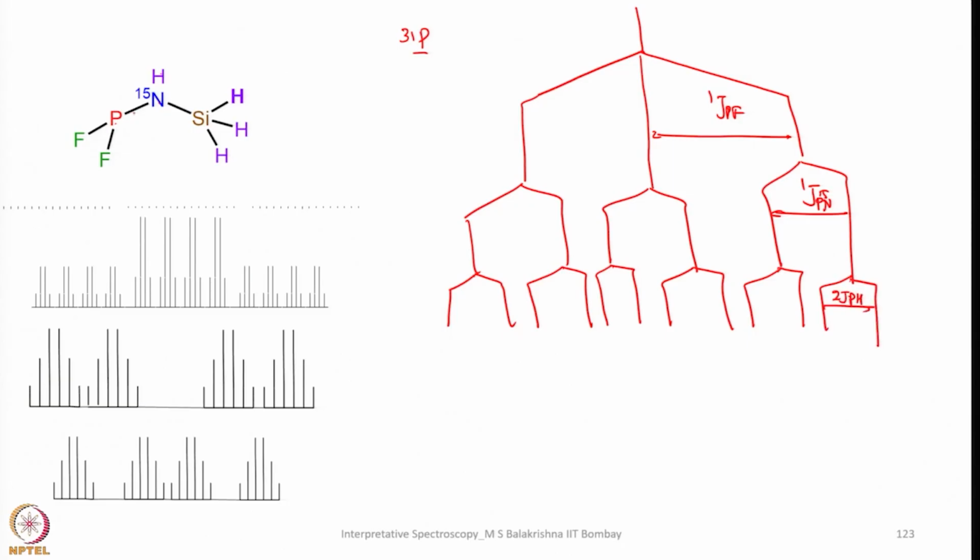Next we have 3 bond coupling with the silicon bound hydrogen atoms. We have 3 equivalent hydrogen atoms, so each line will be split into a quartet here.